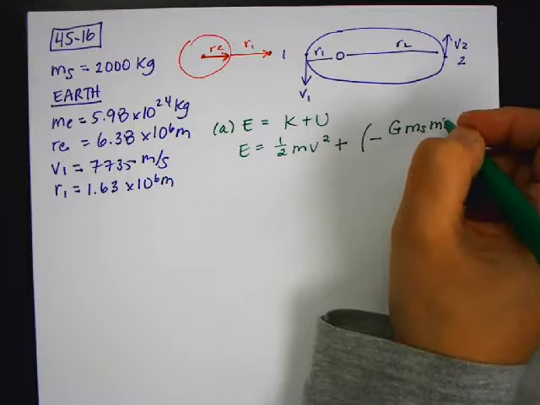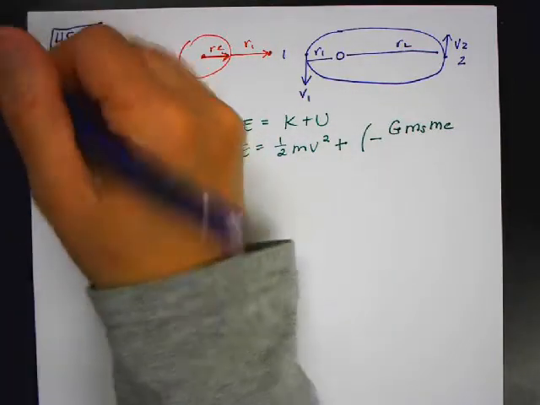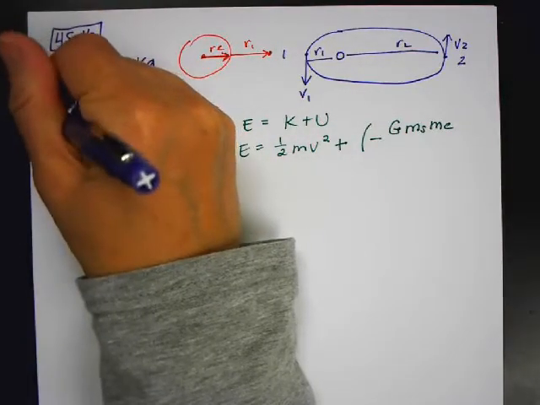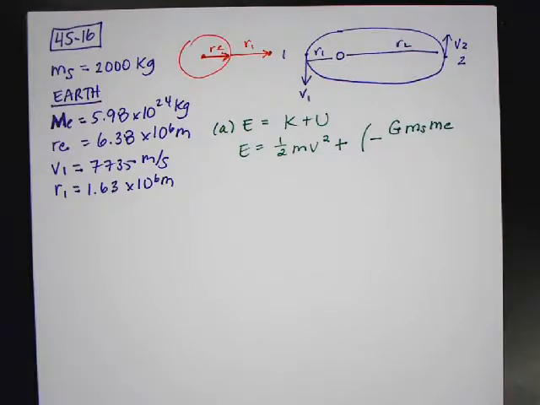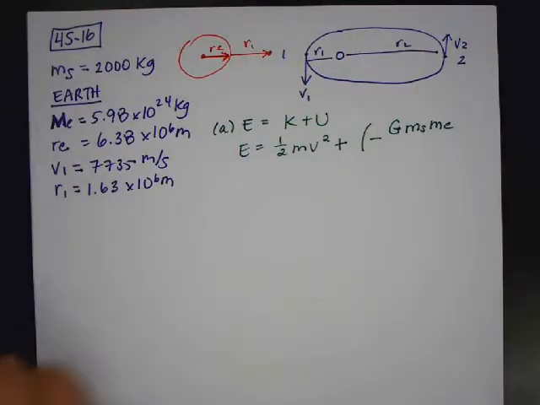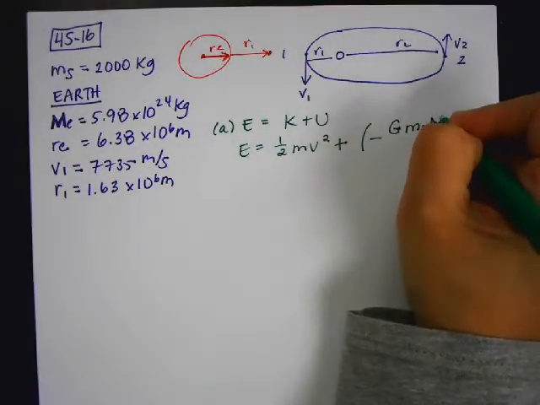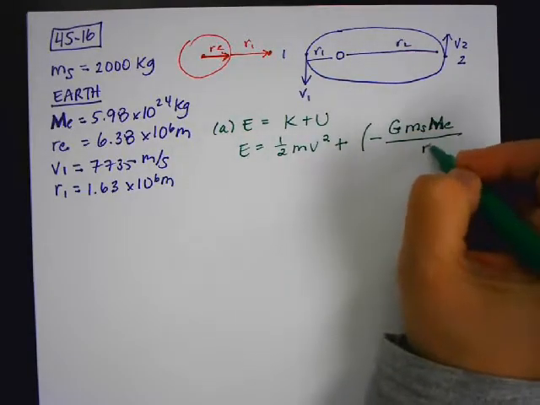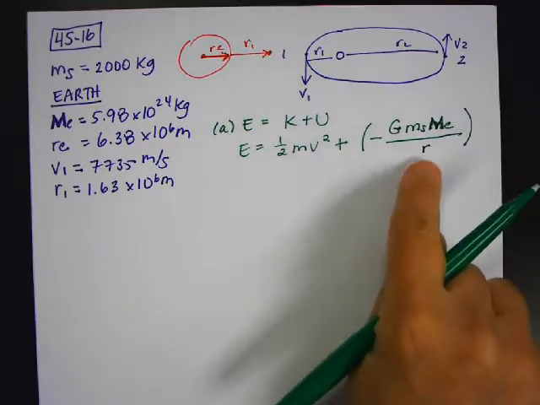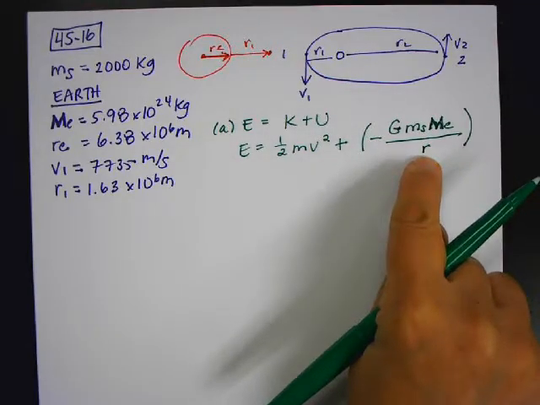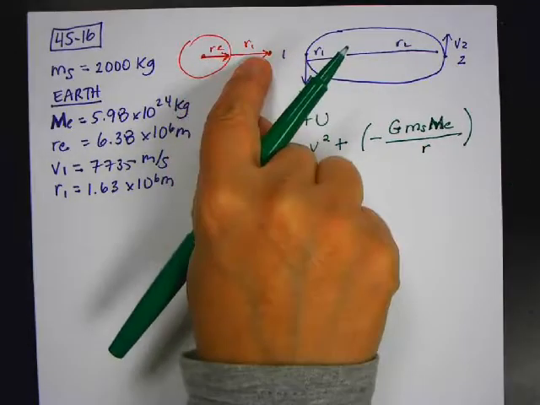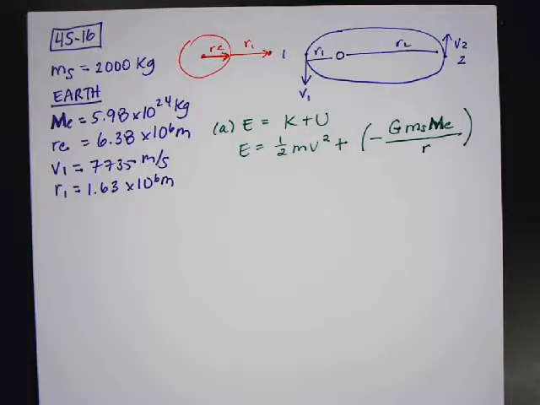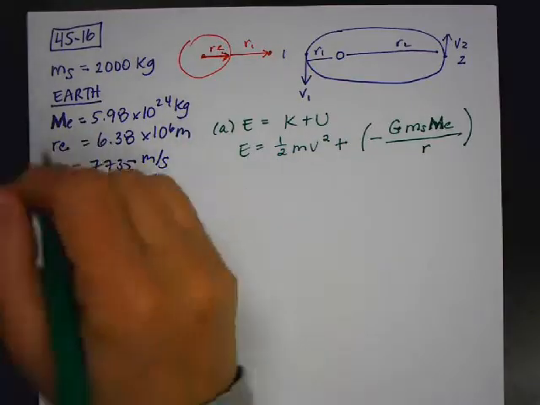Usually for the Earth, and I should have done that, you make the mass of the larger celestial body like the planet a big M. So let me go ahead and change that, because a lot of times you'll use little m, big M over R. Now the trick here is this R is really the total R. It's R_E plus R1. Okay, so that's the trick there.